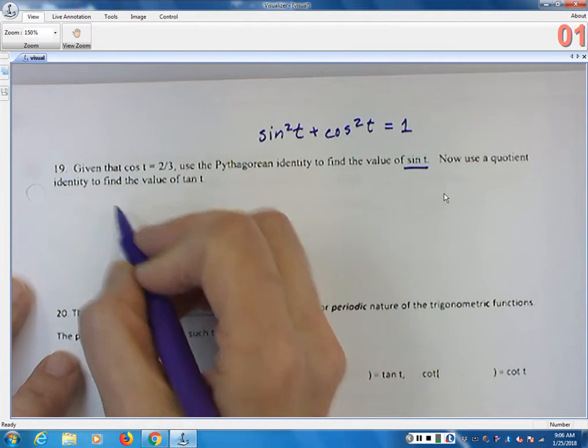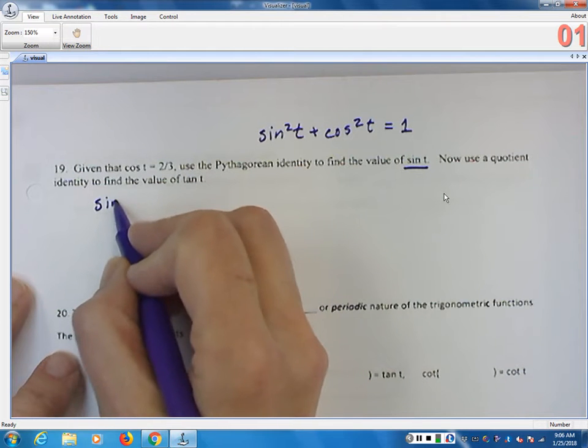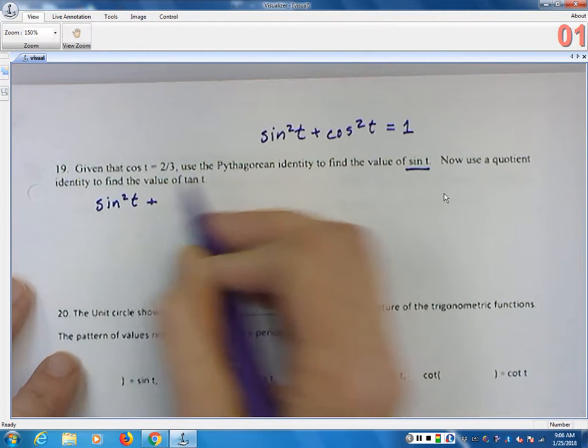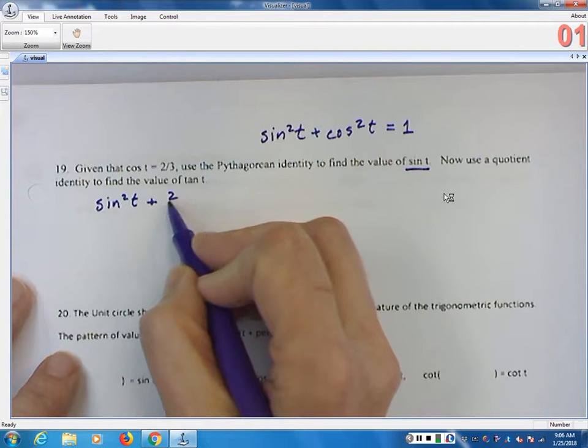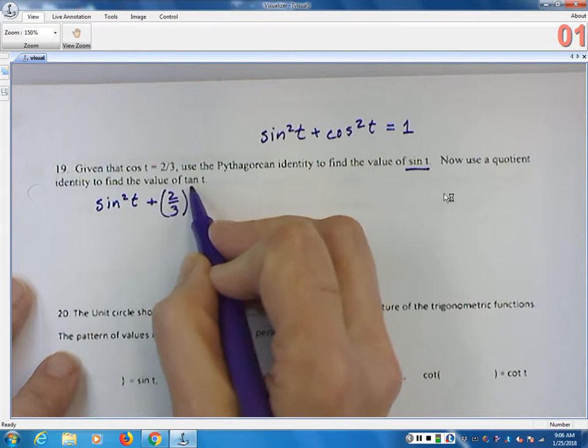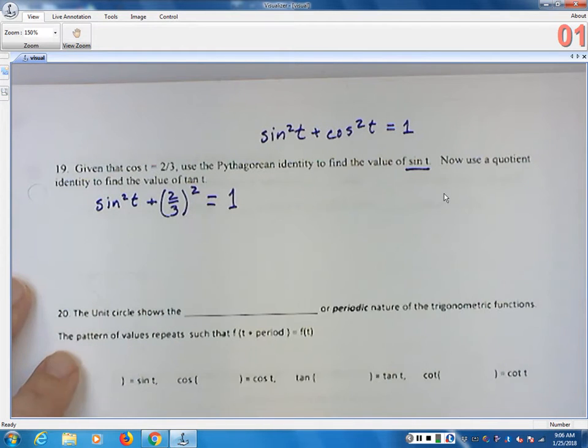So sine squared t plus 2/3 squared equals 1.